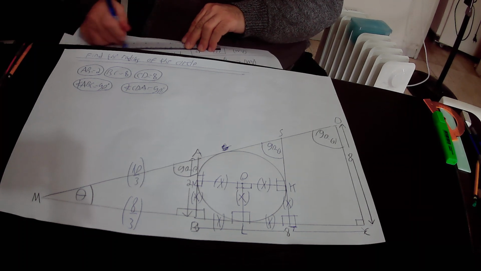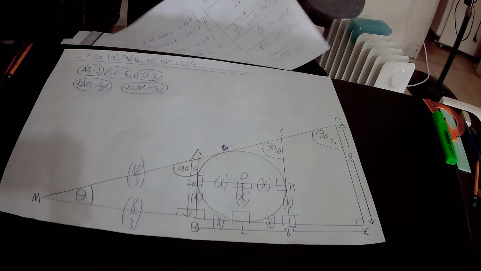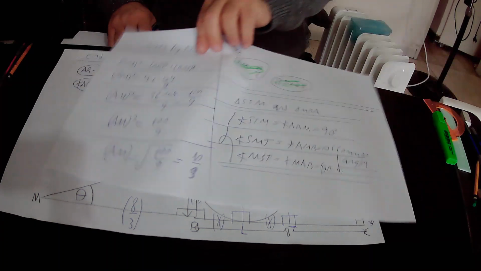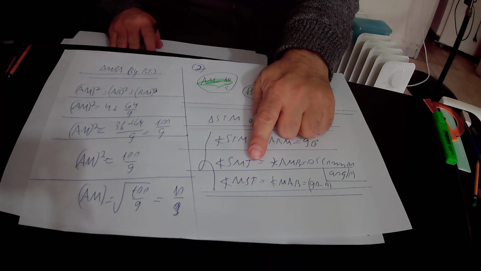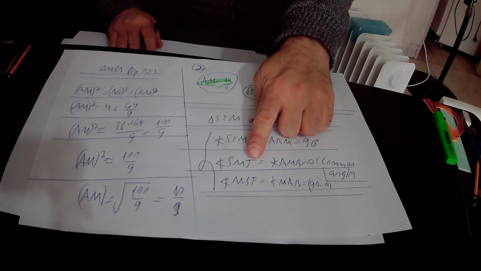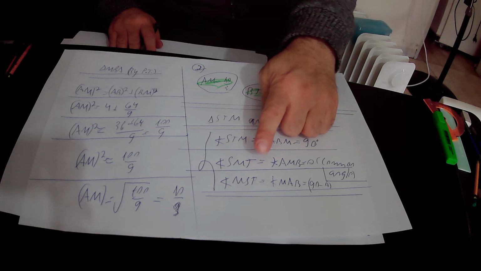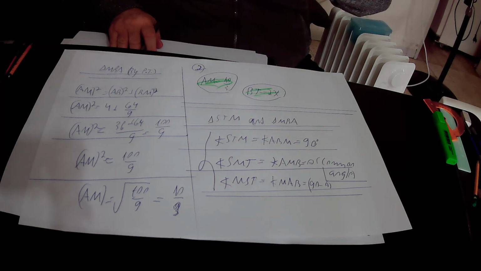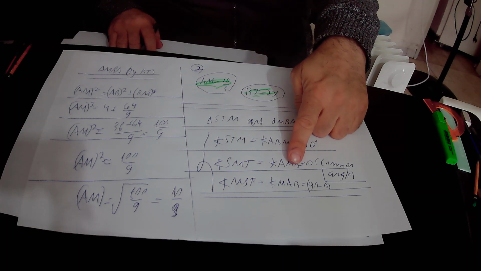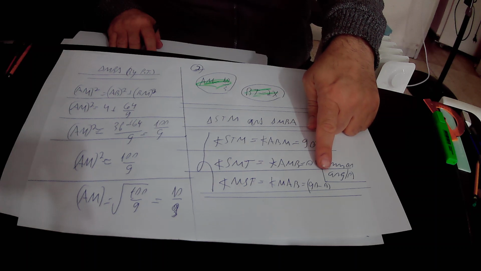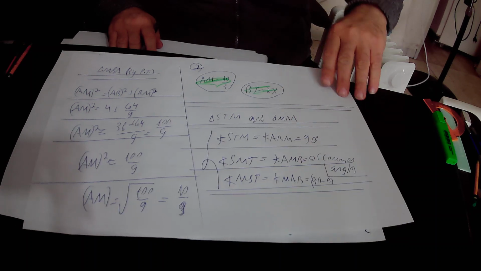I'll repeat again. Angle MST in the right middle triangle, triangle STM, equals angle MAB in the right smallest triangle, triangle MBA. They are both equal to 90 degrees minus theta, therefore they are equal to each other.